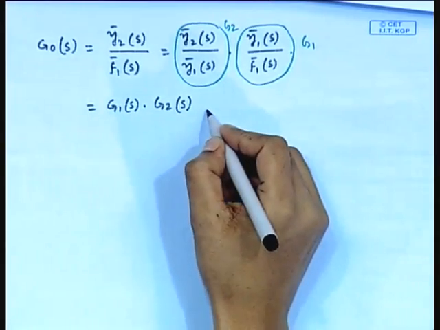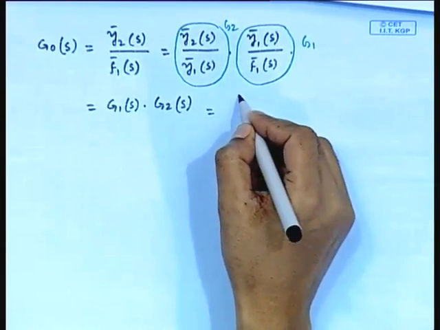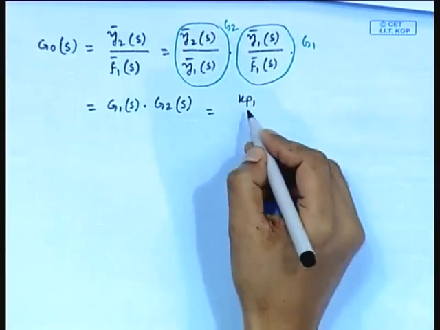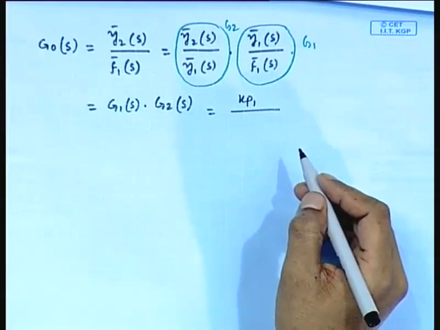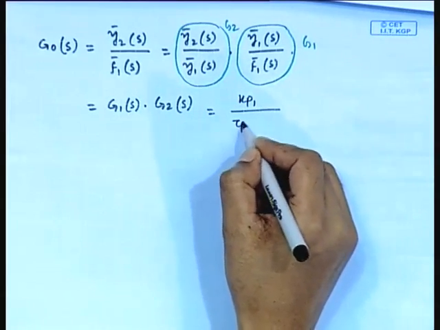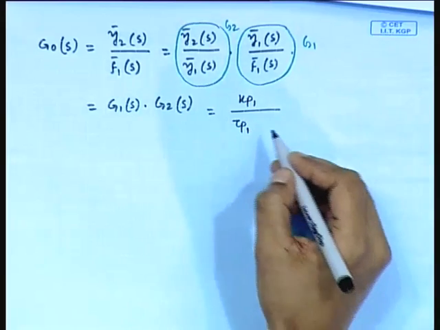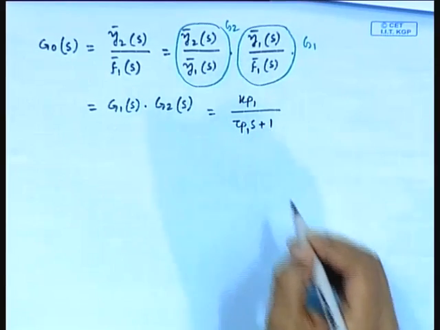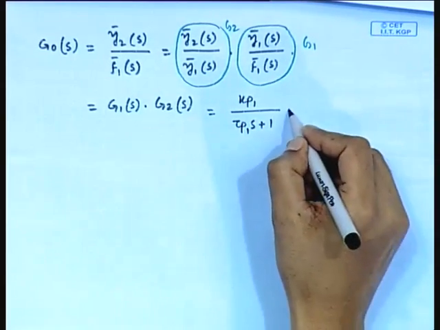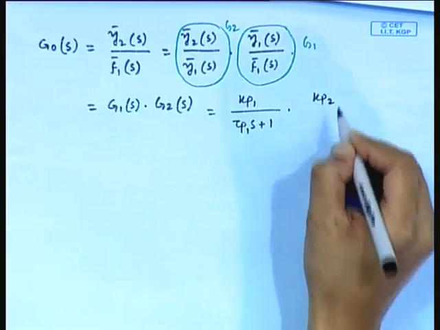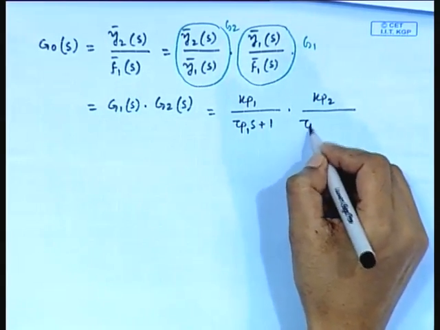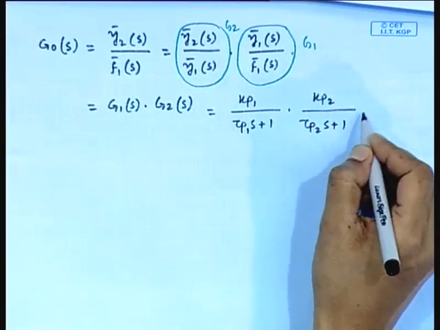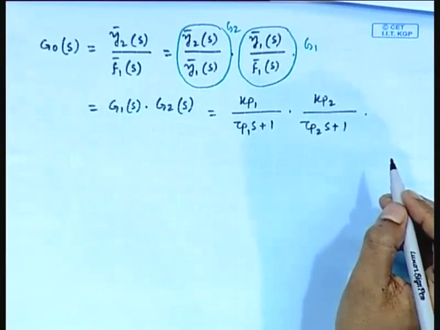So, if we substitute the expression for G1(s) and G2(s), we obtain G naught(s) as Kp1 divided by tau p1 s plus 1 multiplied by Kp2 divided by tau p2 s plus 1.